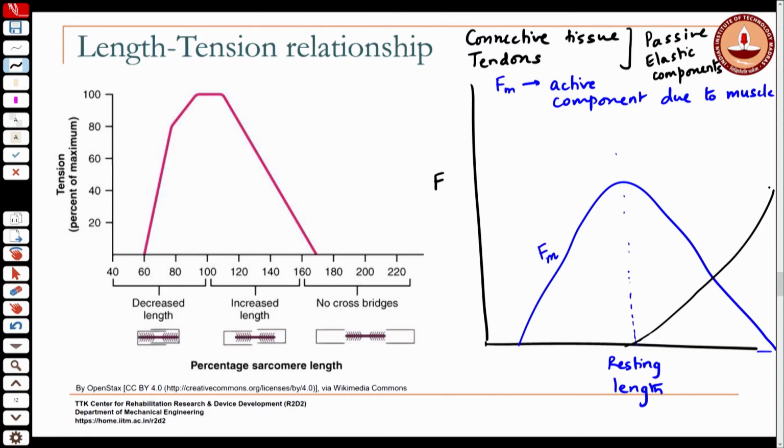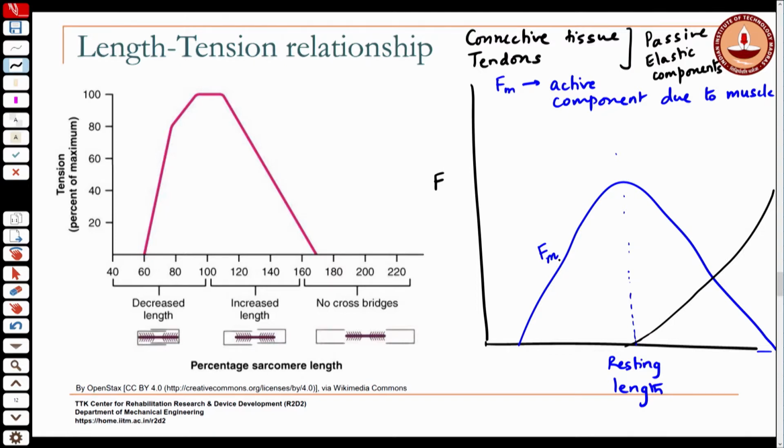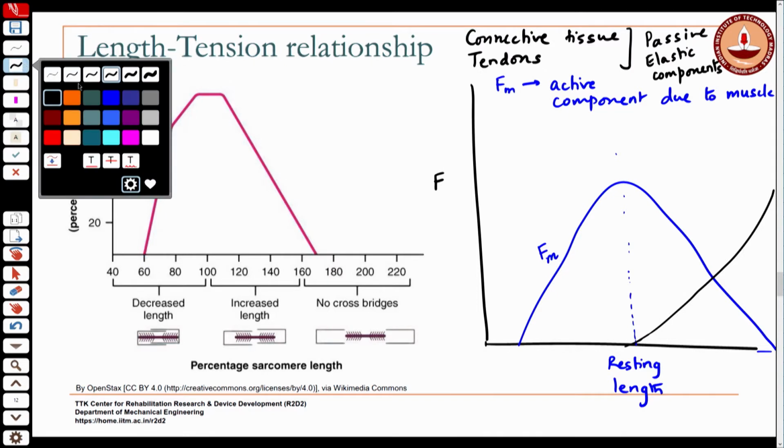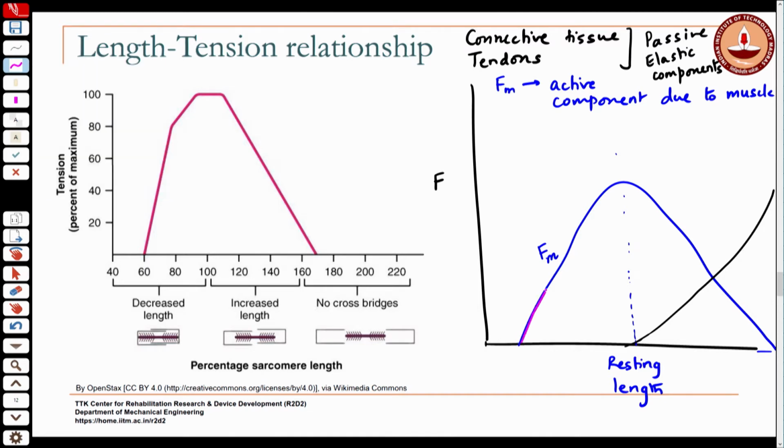When the muscle is below its resting length, you do not really have much of an effect of the passive components. Okay. What you see is whatever force is generated by the muscle is transmitted to the bone. So if you look at the net force, initially it follows the contractile component, and then it is basically the sum of these two.